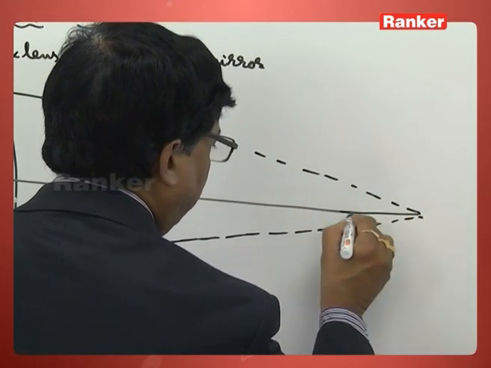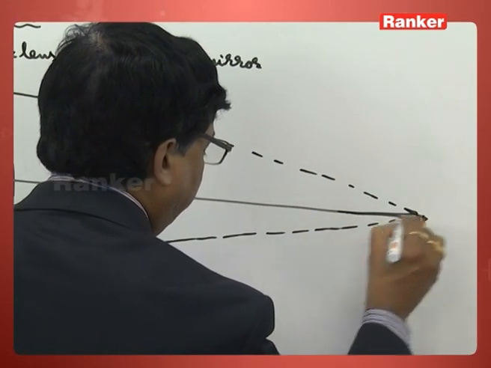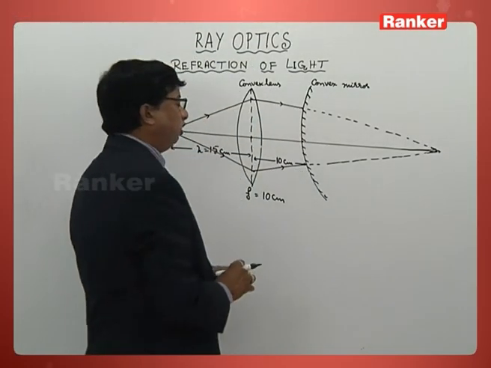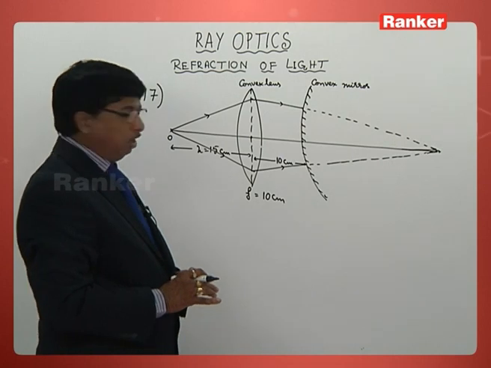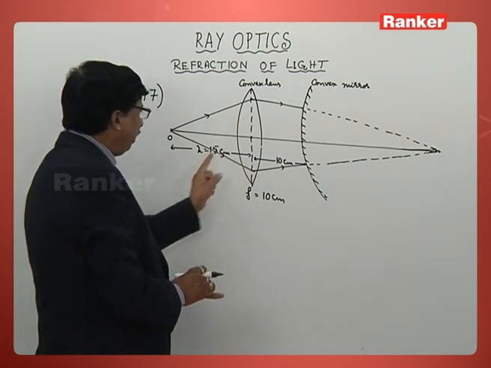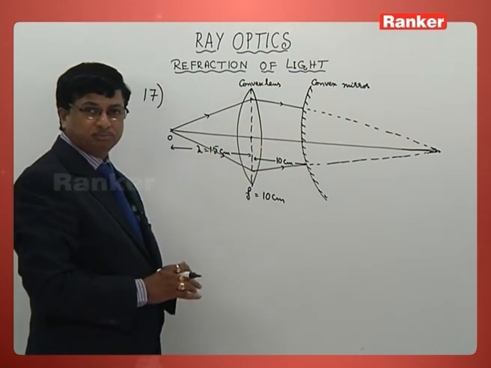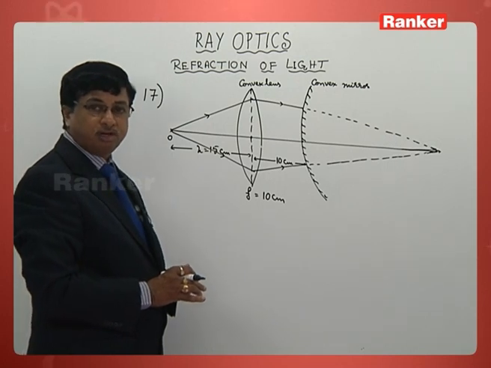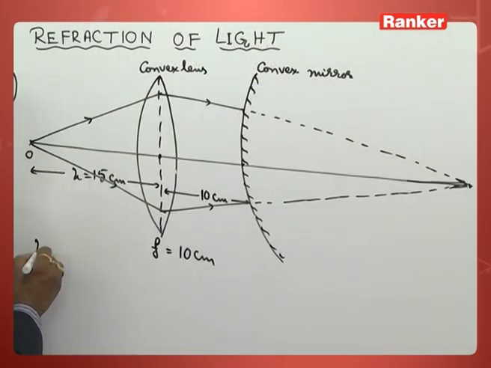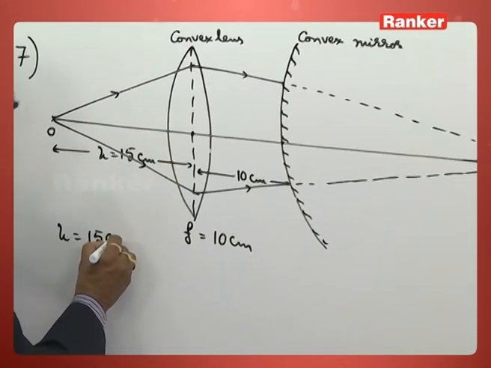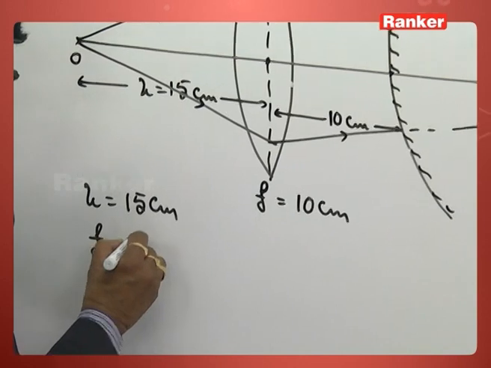Wherever these two rays merge with each other, there the image formation takes place due to the convex lens. Now the question here is where this image is being formed. First of all, we have to understand where the image is going to be formed. We know u is given 15 centimeter and f is given 10 centimeter.